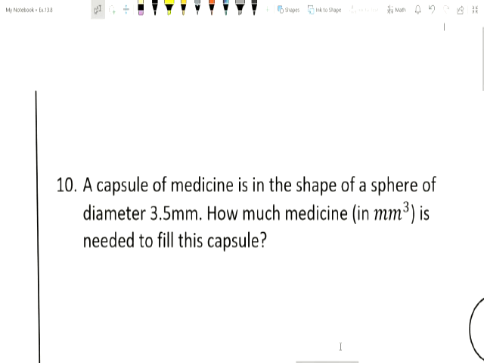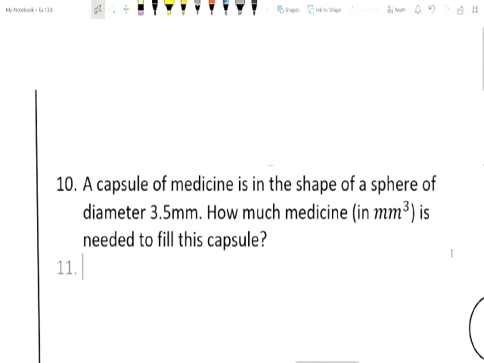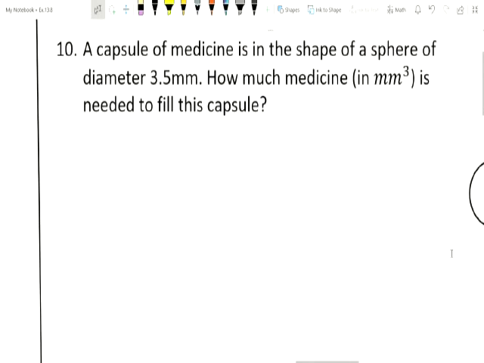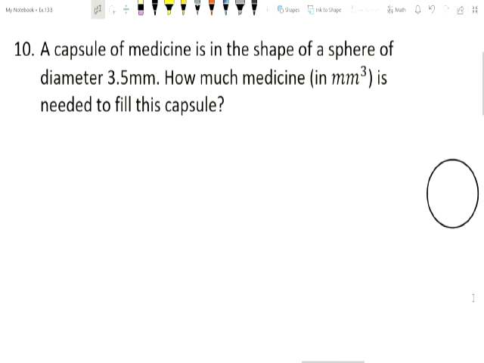10th one. A capsule of medicine is in the shape of a sphere of diameter 3.5 millimeter. How much medicine is needed to fill this capsule? Here we should give the answer in meter cube.